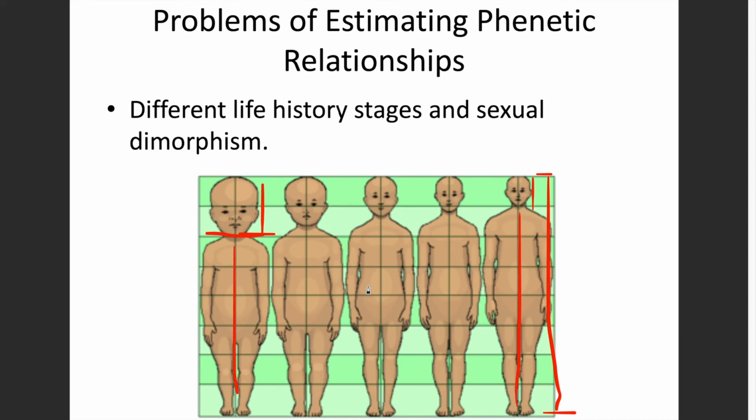And of course, it could also have different shoulder measurements, brow ridge, arm length, and so on and so forth. It has different ratios due to the different life stages, and also it can create confusion in your data set.